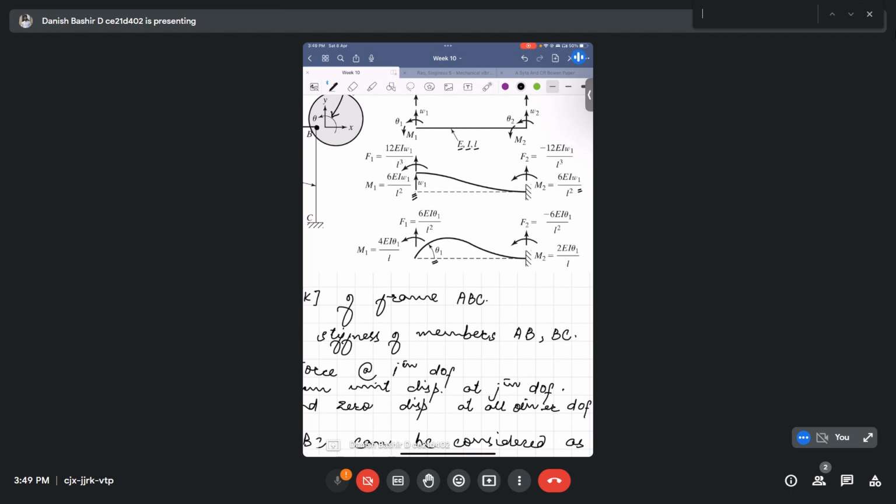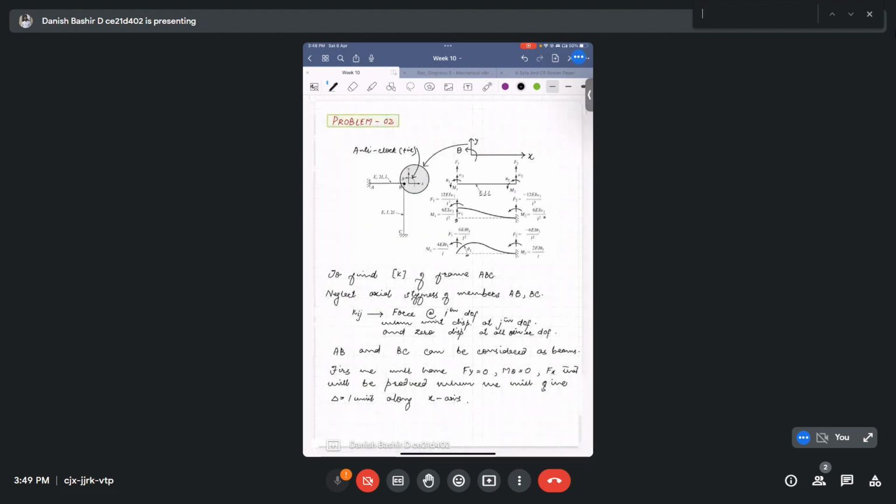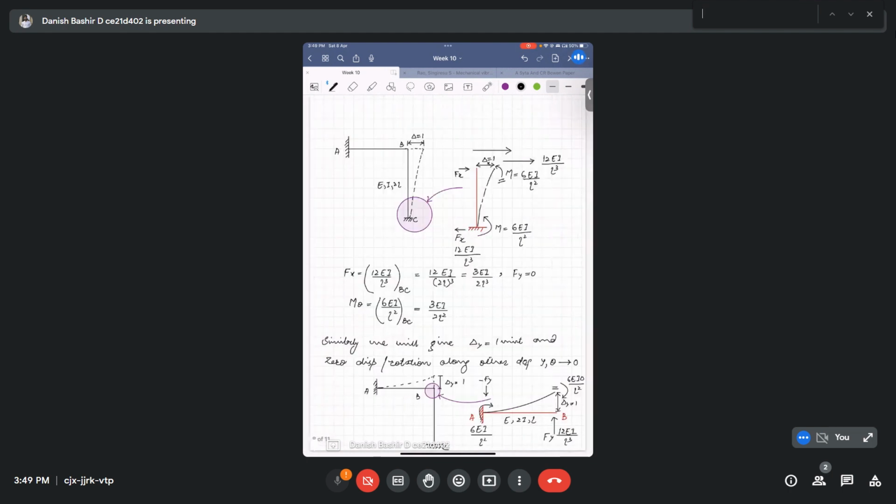If we give a displacement theta 1 at one end, moments 4 EI theta 1 by L will be generated, and forces 6 EI theta 1 by L square will be generated. I will be writing it as it is.